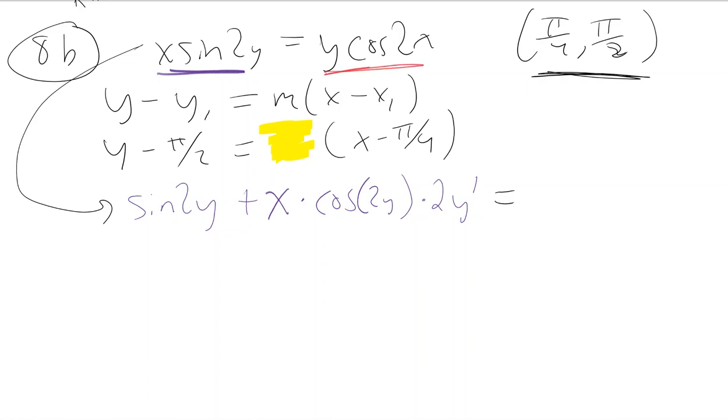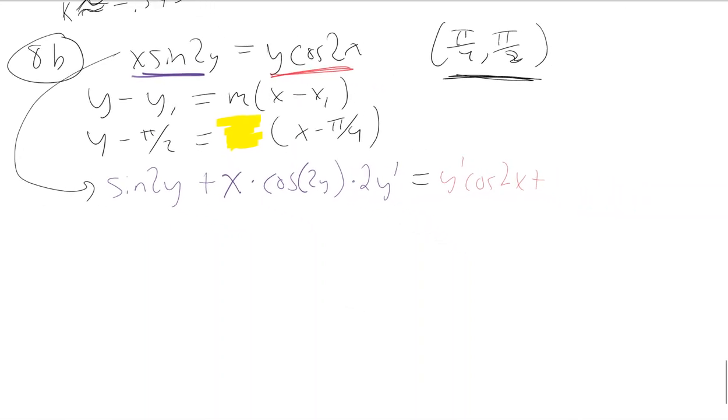Do the same thing over here. Another product rule. So derivative of y with cosine 2x left alone. And then y left alone times the derivative of cosine 2x.